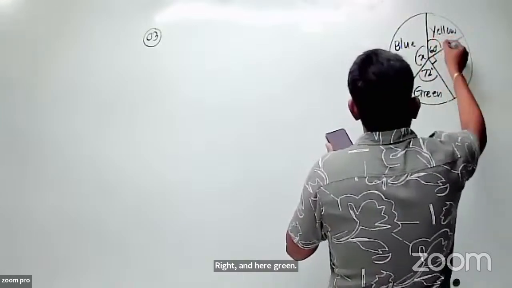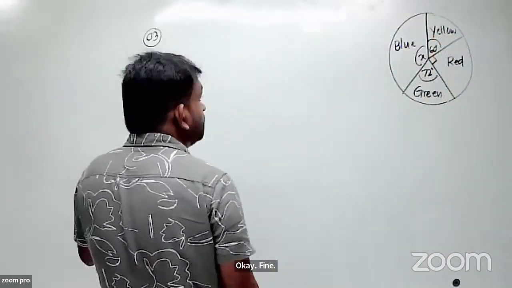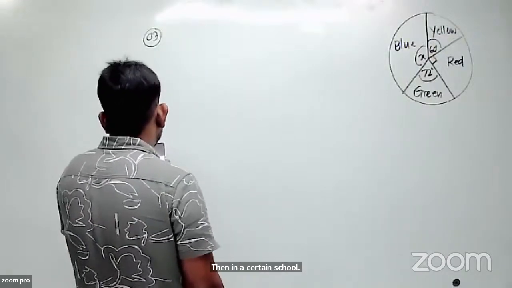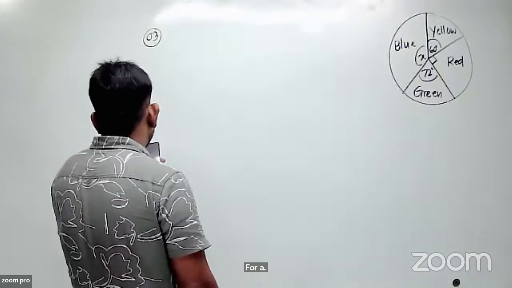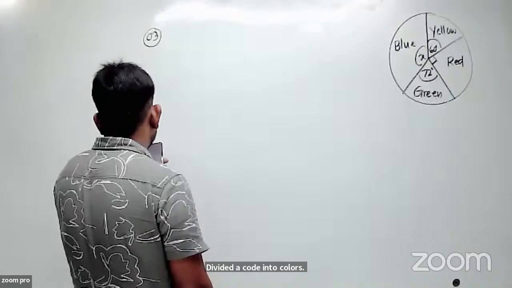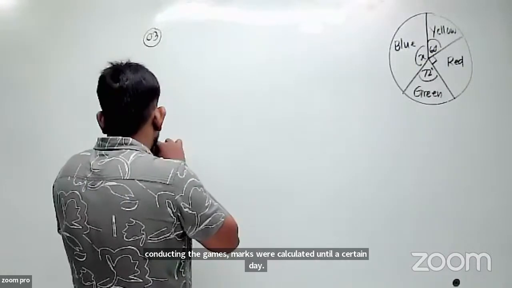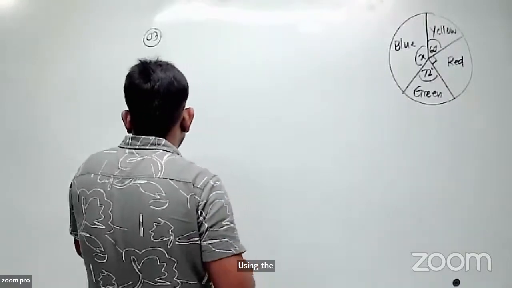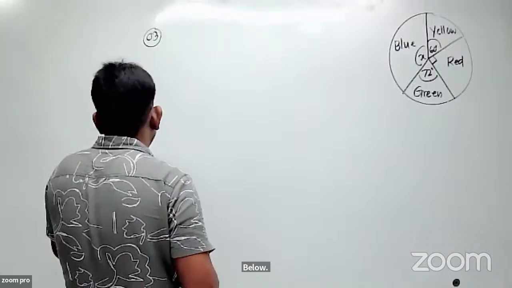Okay, fine. Then in a certain school, for an inter house meet, the houses were divided according to colors. While conducting the games, marks were calculated until a certain day. Using the above result, the pie chart drawn by a student is given below. Find the angle of the sector relevant to the blue house.